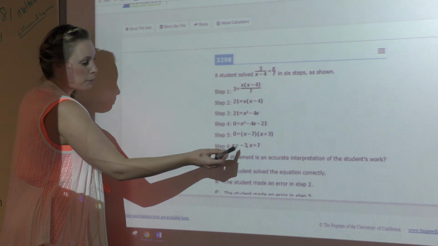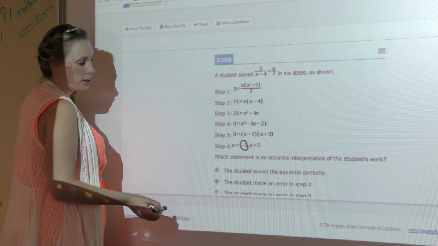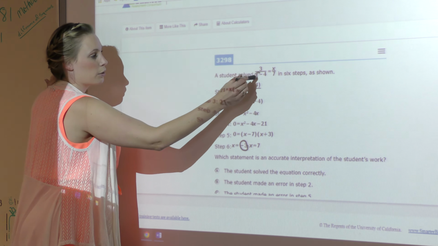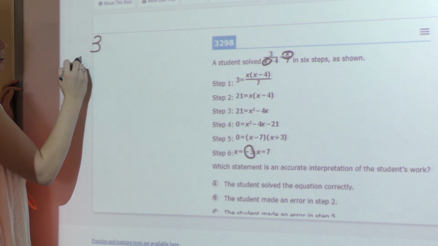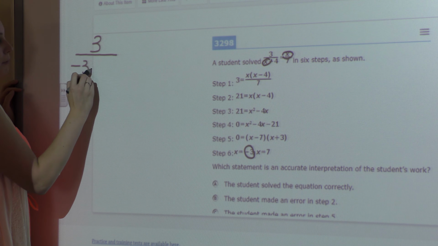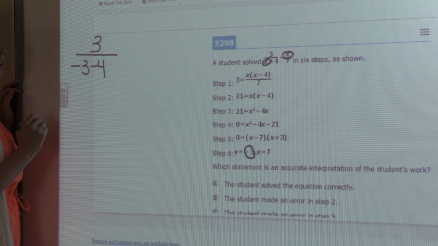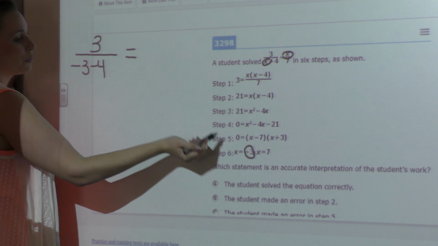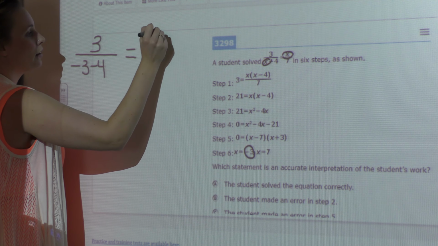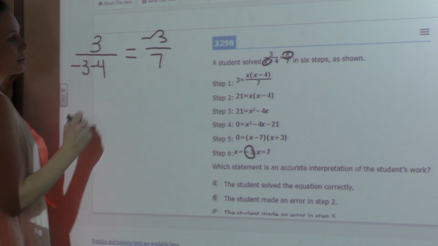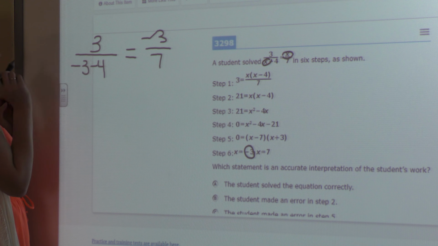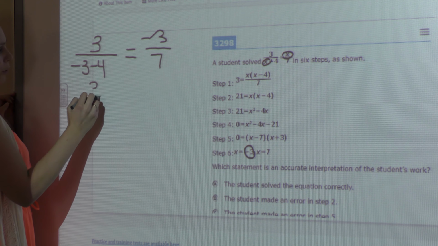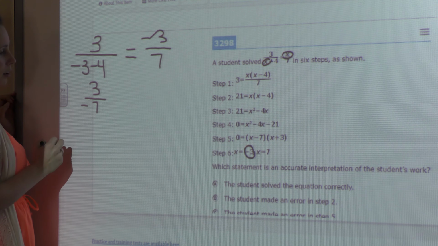So I'm going to start with, I'm going to plug in -3 for all of my x's in the equation. So here and here. So what that's going to look like is 3 over -3 minus 4. And we want to know, is that equivalent to, well, I need to plug -3 back in there, -3 over 7. 3 over -3 minus 4 would be 3 over -7.